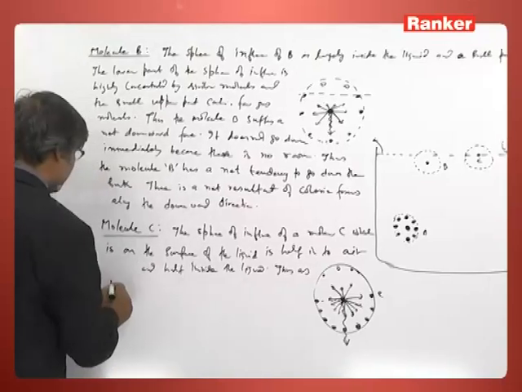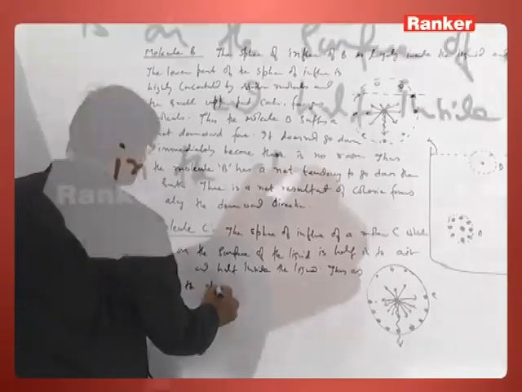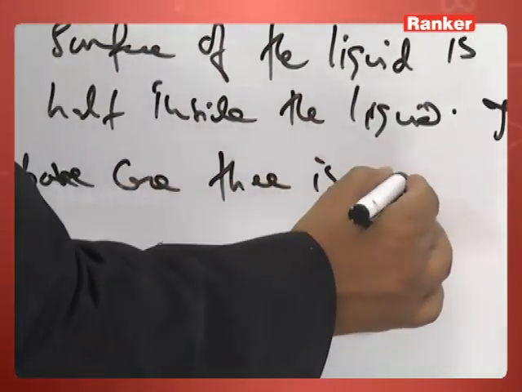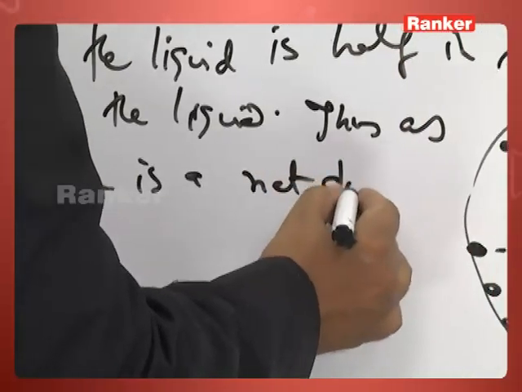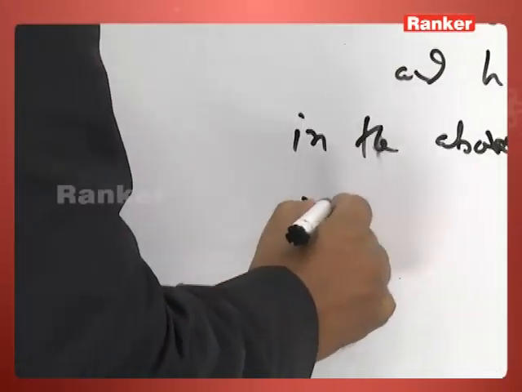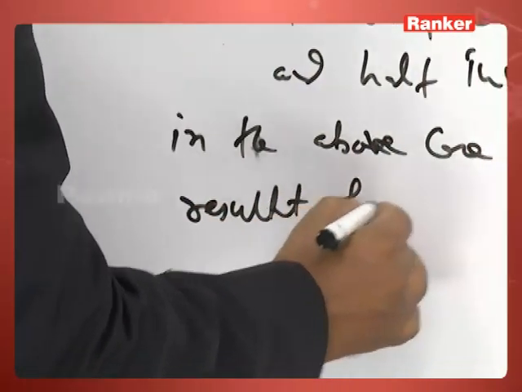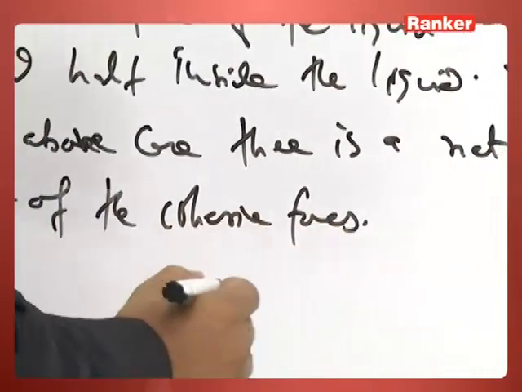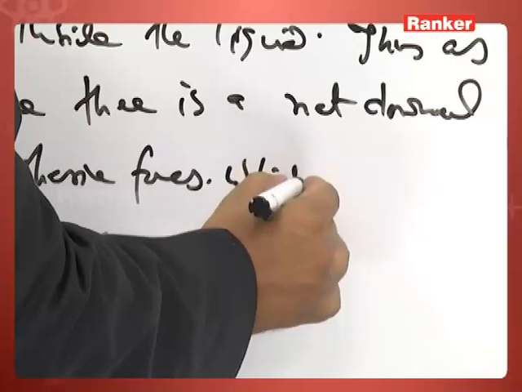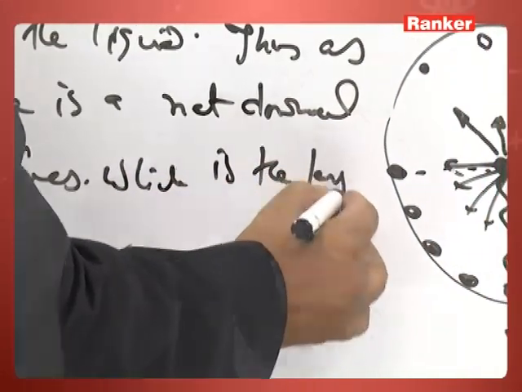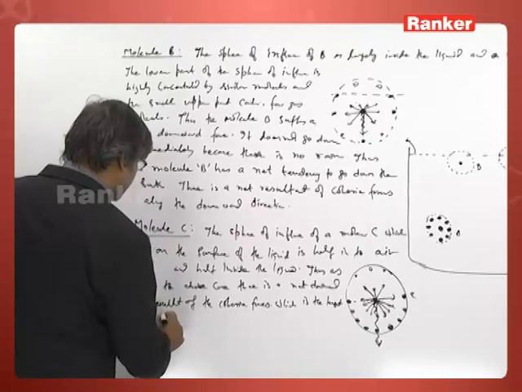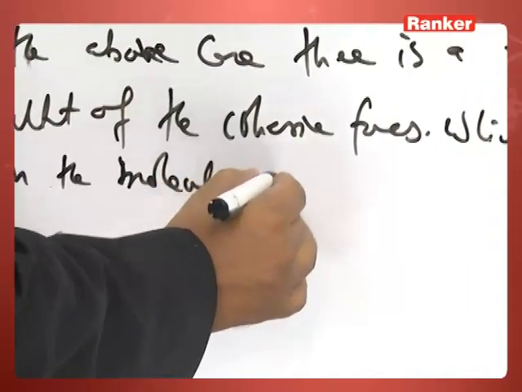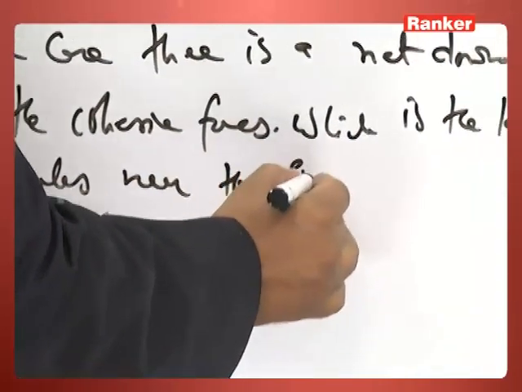Thus, as in the above case, there is a net downward resultant of the cohesive forces, which is the largest in the molecules near the surface.